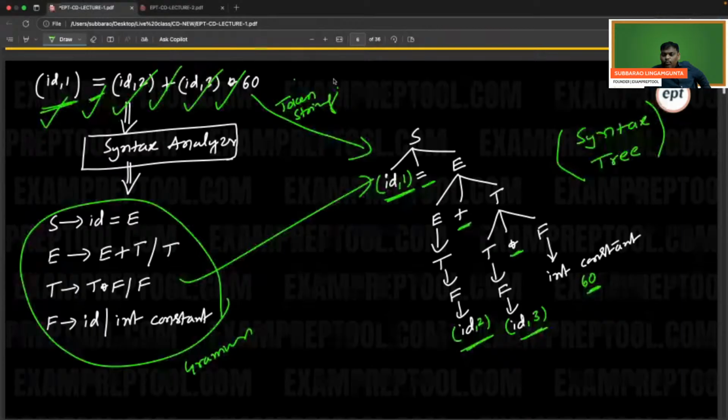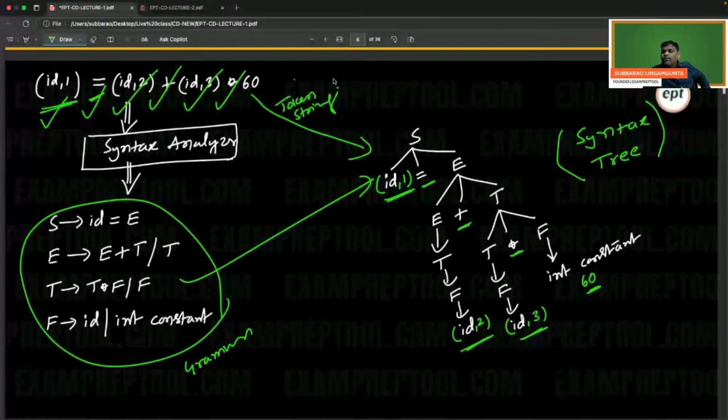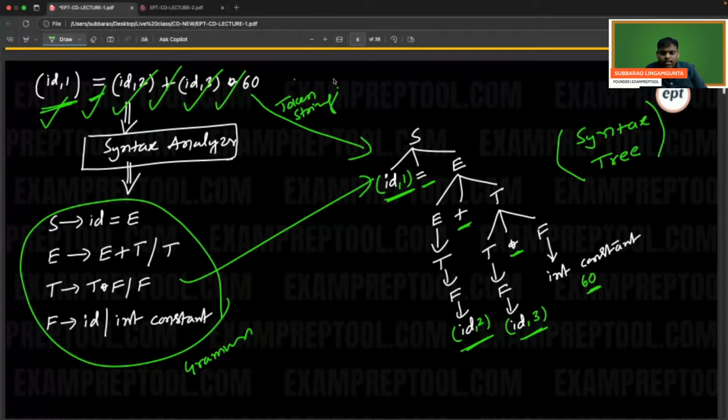Those are the two inputs. Output is syntax tree. But I want to ask you one interesting thing.